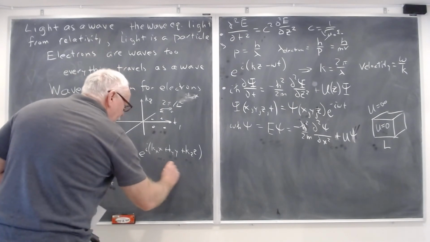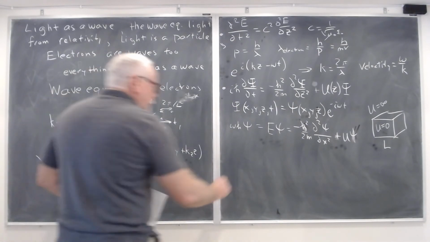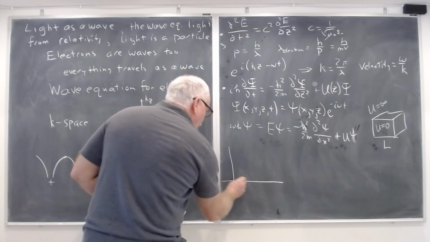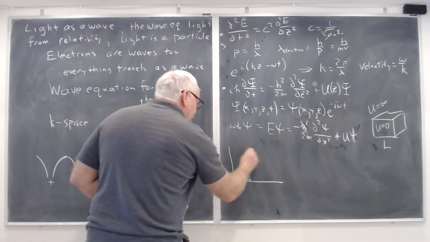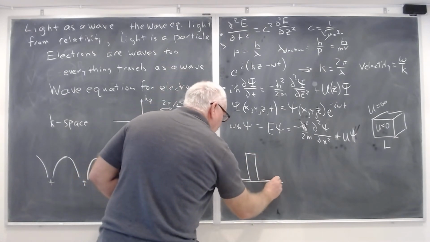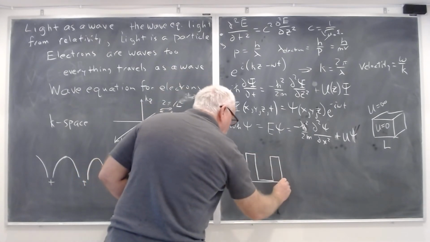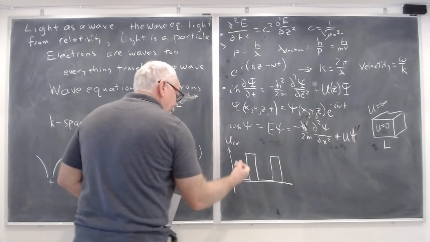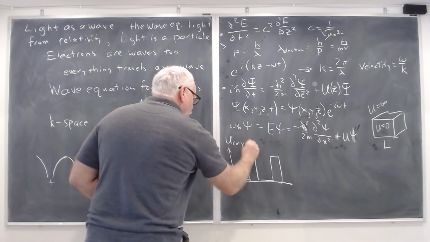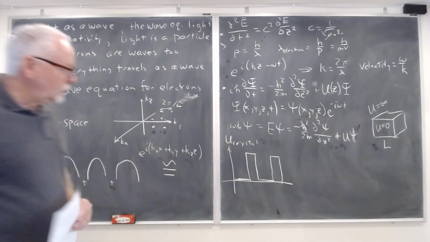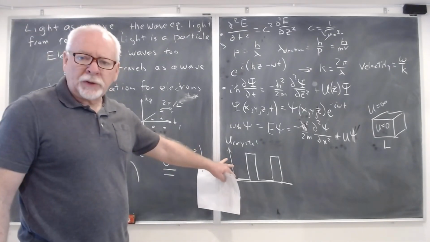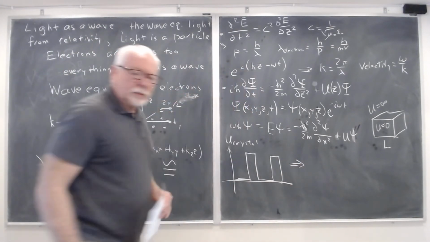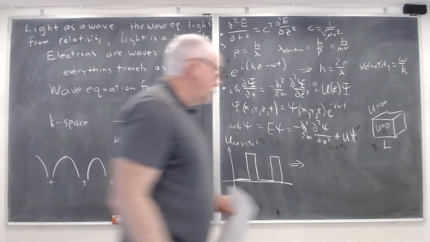And we made this approximation that the potential is this model that we model as a square wave potential that leads to band structure.